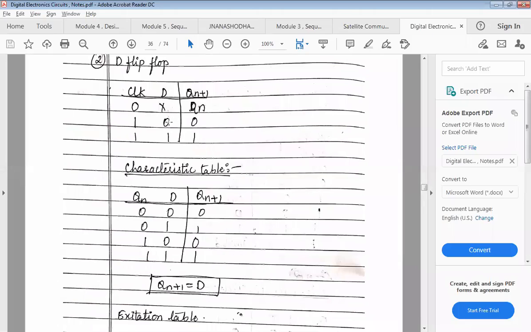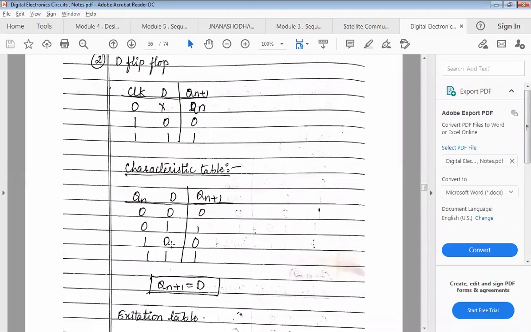So when your D is 0, your Q is also 0, and when D is 1, your Q is also 1. When D is a don't care, then it's going to be your previous memory. This is the property of the D flip-flop. So whatever you give to D, the same 0, 1 comes across your output. Now we have to extend this 1 bit to 2 bits. 0, 0, 0, 1, 1, 0, 1, 1 is my normal combination.